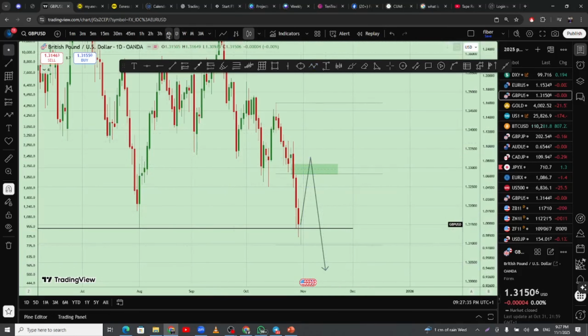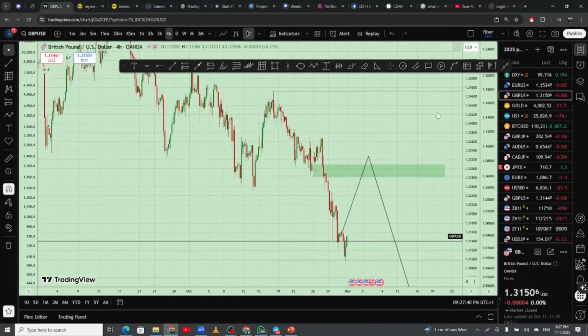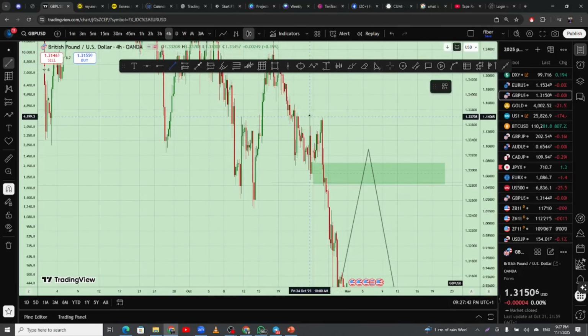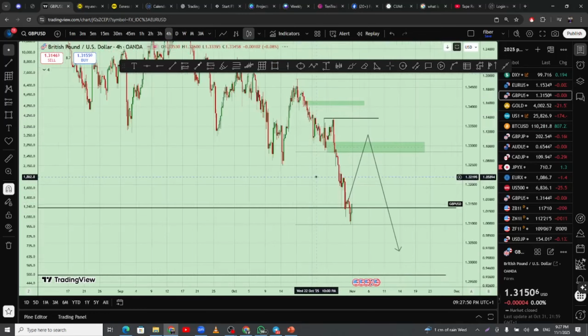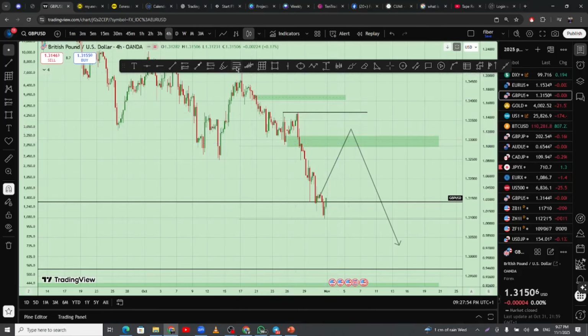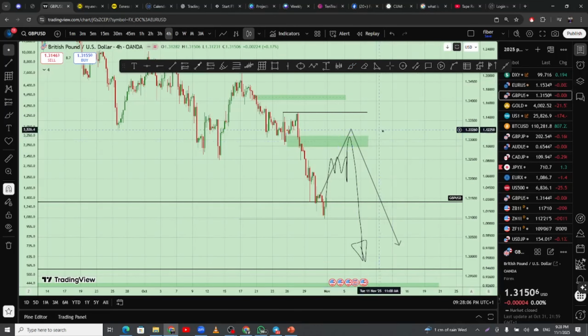And then if we don't have inducement on the 4-hour within that zone, then there's a likelihood that maybe even these ones here can be inducement, which means we have this spot here, and price can likely pull up to that zone. But sometimes you will not have inducement to a zone, but what price will do is like this: price will come up, try to induce people like that, and then it moves lower. Okay, so that's another possible move that can happen right there.